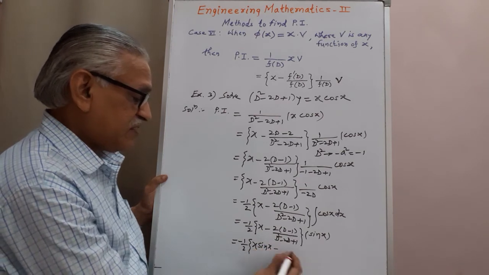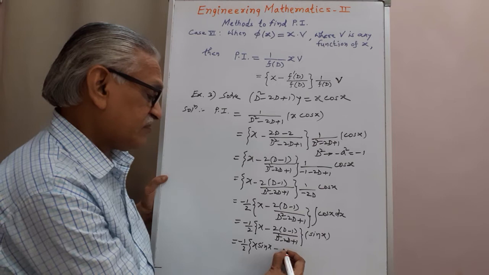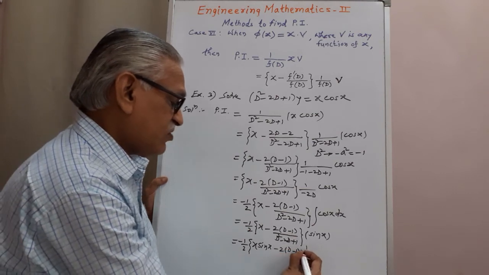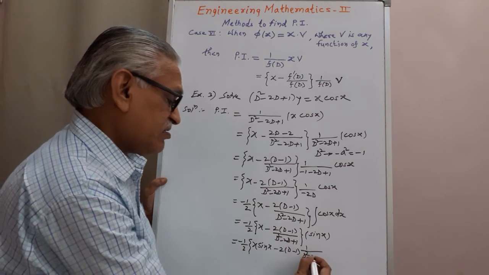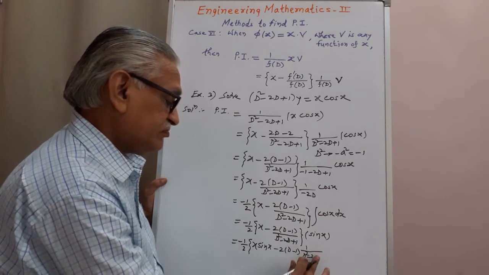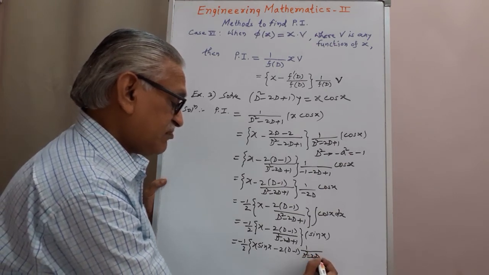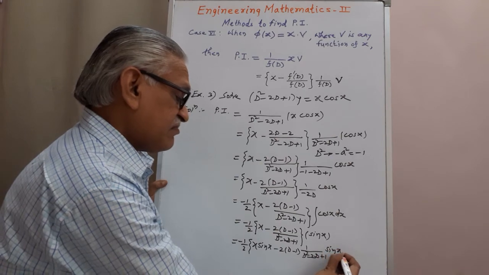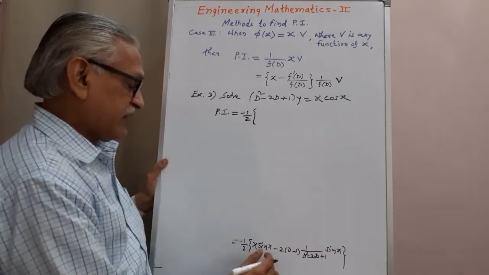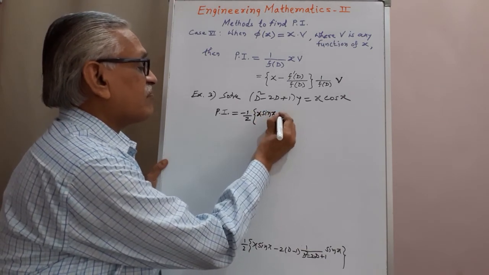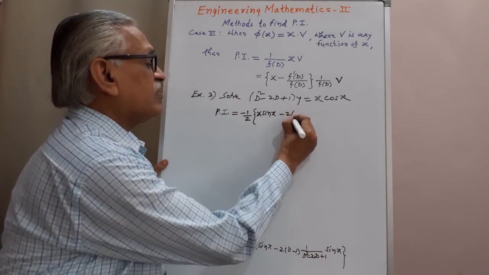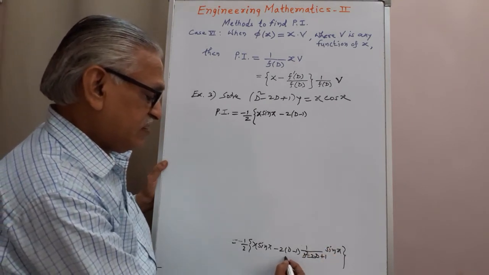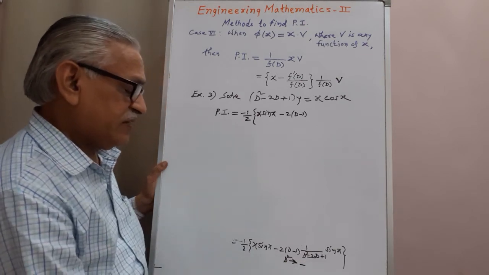minus 2 times D minus 1, 1 upon D square minus 2D plus 1, which we have to operate on sin x. x sin of x minus 2 times D minus 1, and as here it is operated on sin x, we have to replace D square by minus a square.